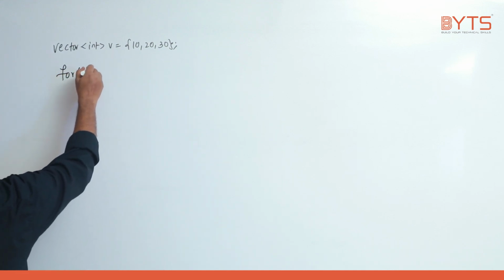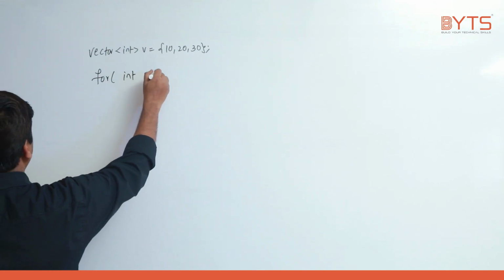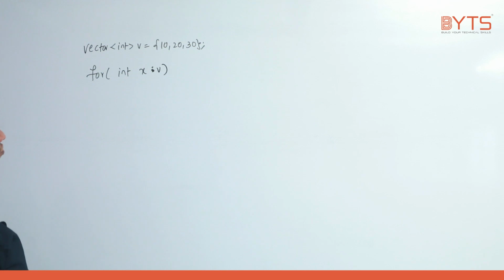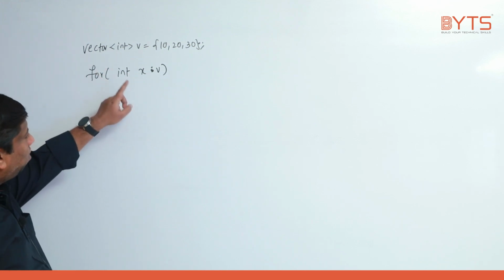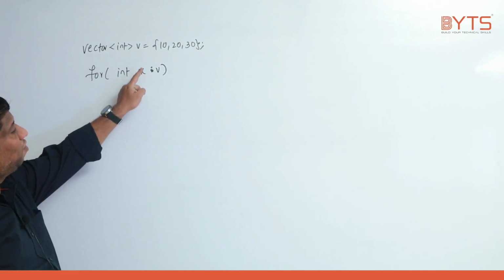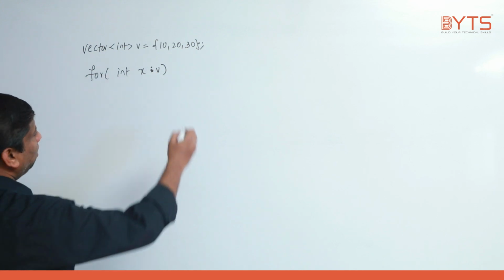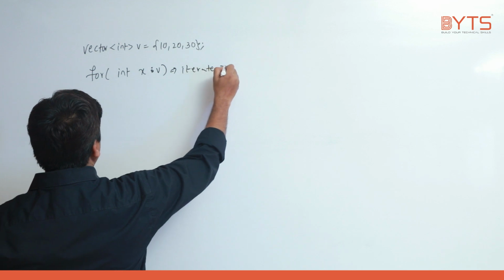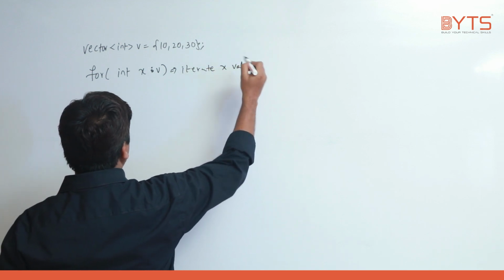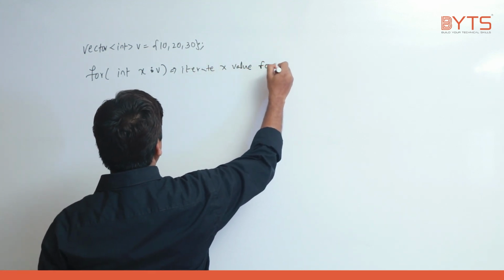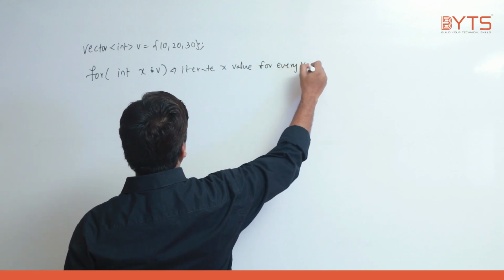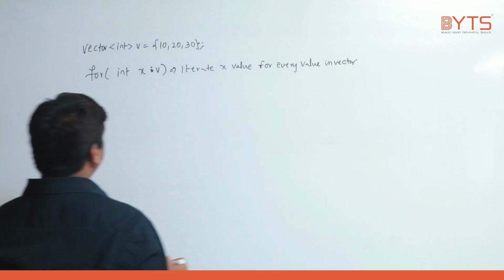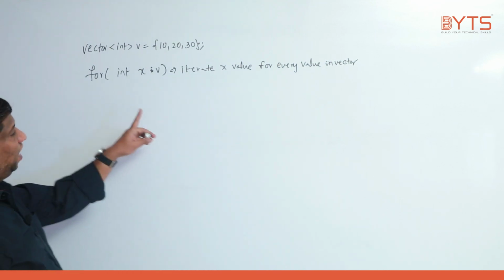For int x colon v. For x colon v means what? Iterate the x variable for every value in the vector. What is the syntax? For int x colon v.